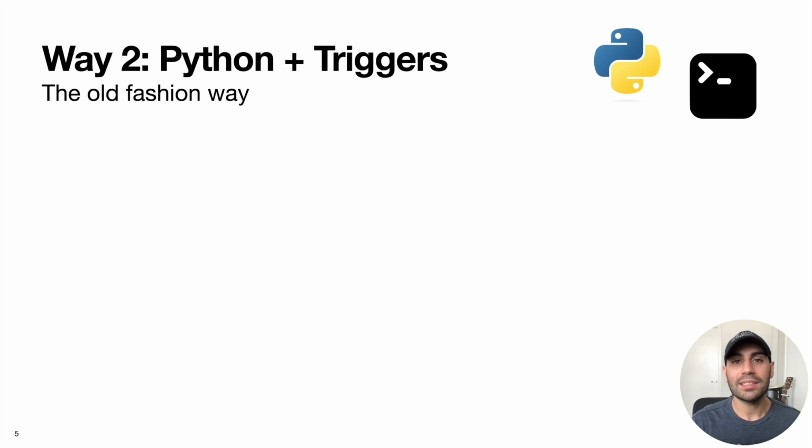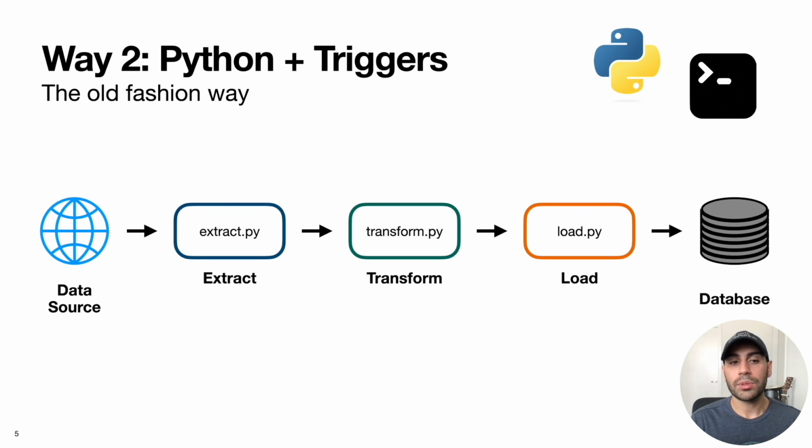You can say that this is the old-fashioned way, because before we had these orchestration tools, if you wanted to build these data and machine learning workflows, you would have to build them from scratch. So to make this a bit more concrete, let's look at a specific example. Say we wanted to implement a very simple ETL pipeline consisting of one data source and one target database. What this might look like is we pull data from a web source.